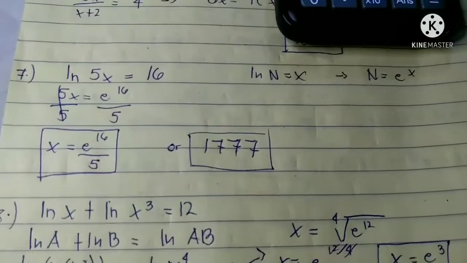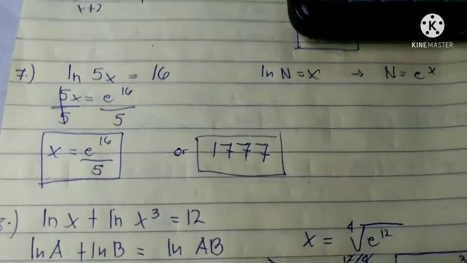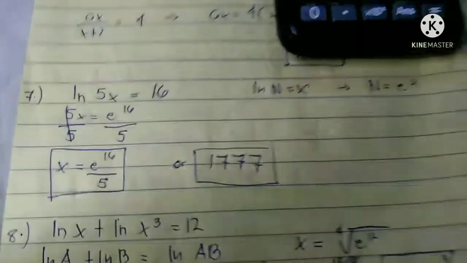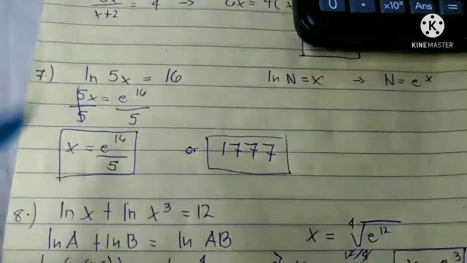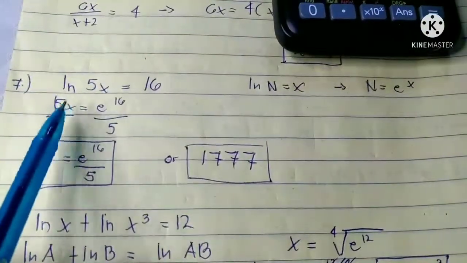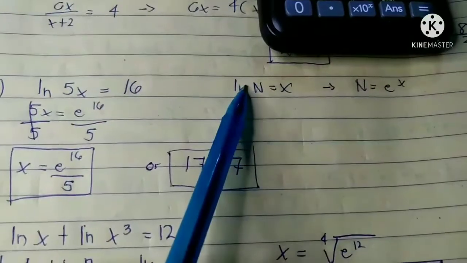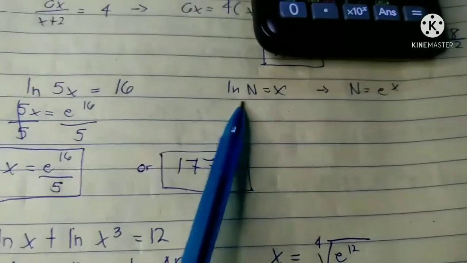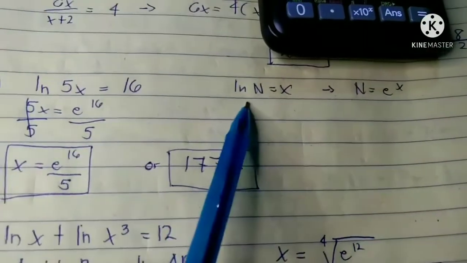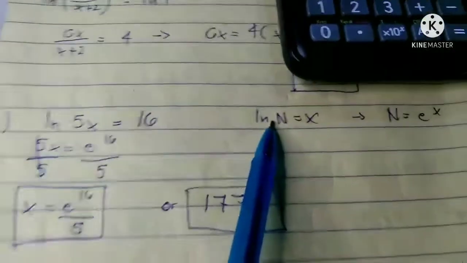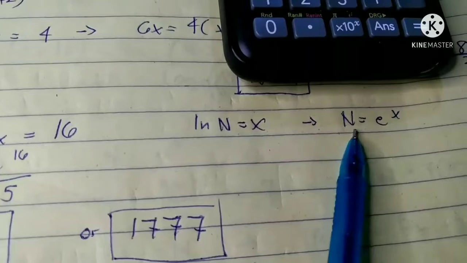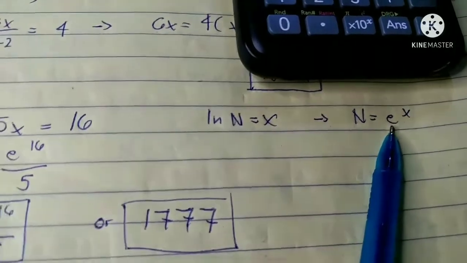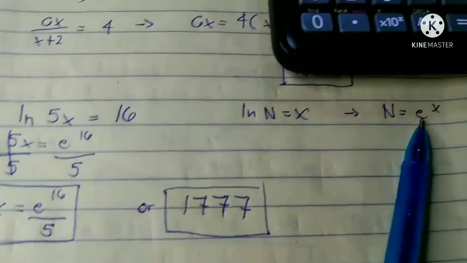So now for number 7, we have here ln 5x is equal to 16. So we write this in exponential form first. So using this equation, ln of n equals x, to e, because it is a natural log, is to x.